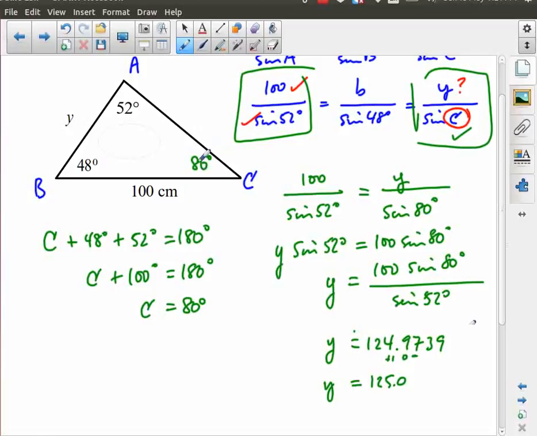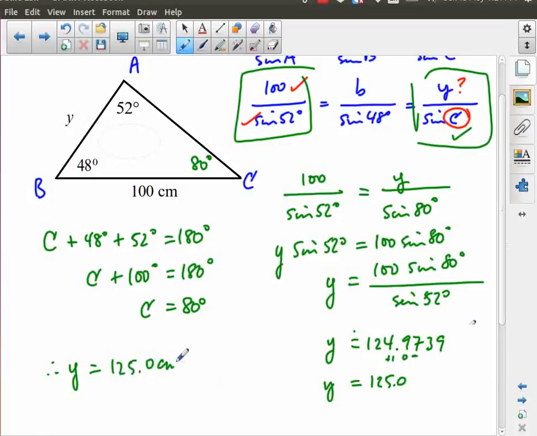You shouldn't make assumptions about the drawings you're provided that may or may not be to scale. But 80 degrees is the largest angle, which means it should have the largest side. So if 52 degrees is the middle angle, the middle side is 100, and 125 as the largest side seems to make sense. And we should finish with a therefore statement here, because I didn't put in my units yet.